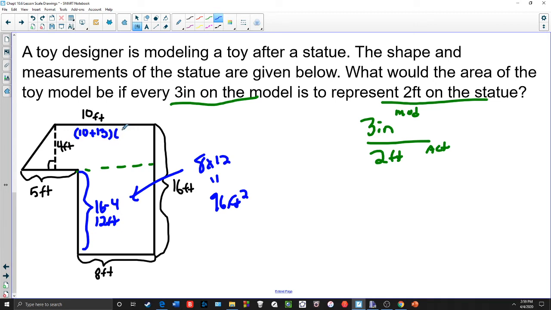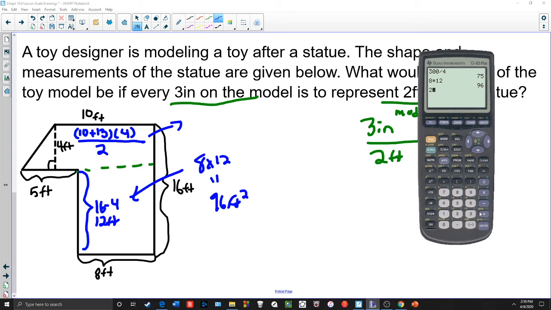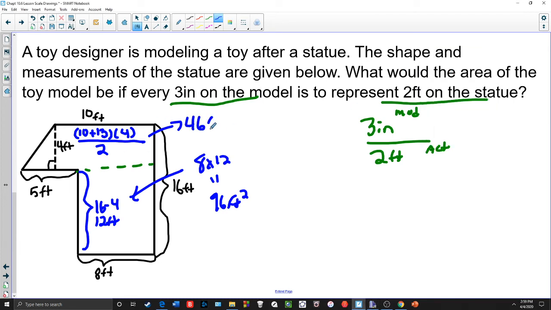Times my height, which is 4, all over a nice even 2. So that'd be 23 times 4 divided by 2, which would be 46. So 46 feet squared.